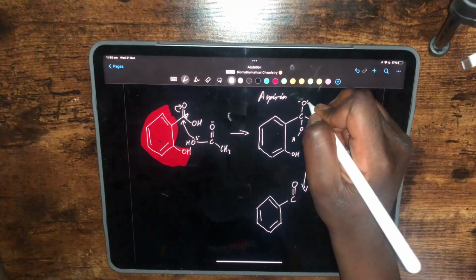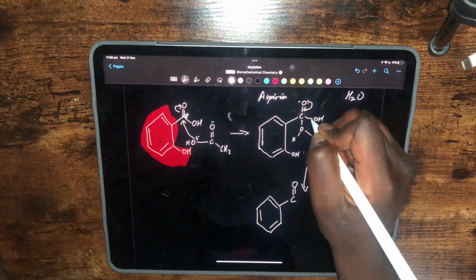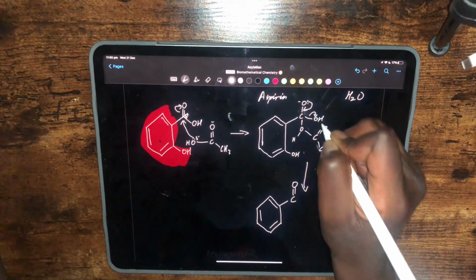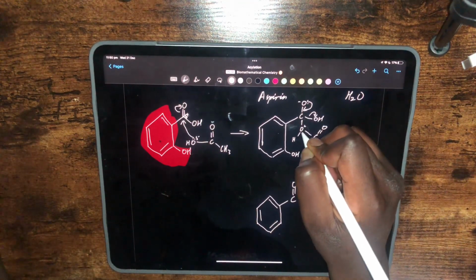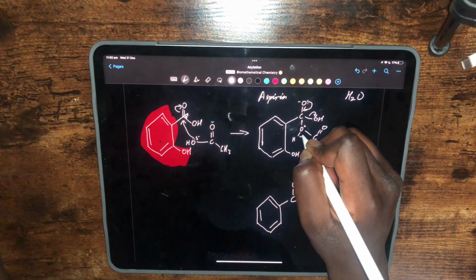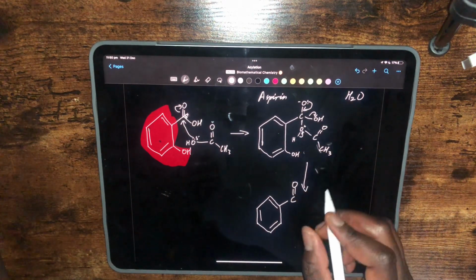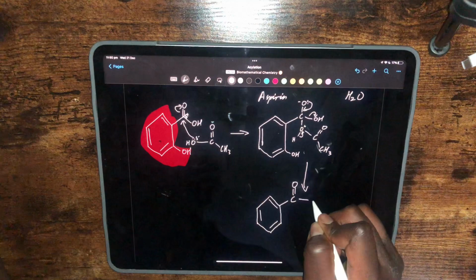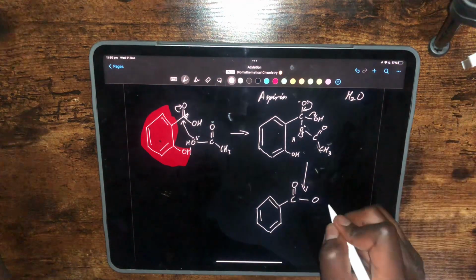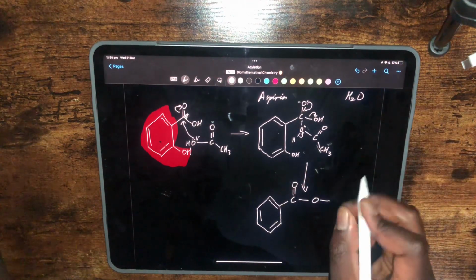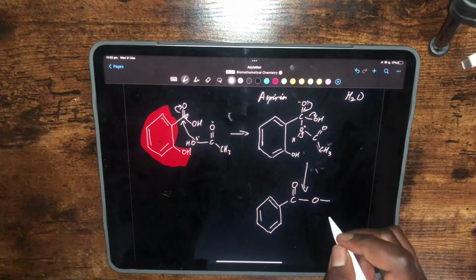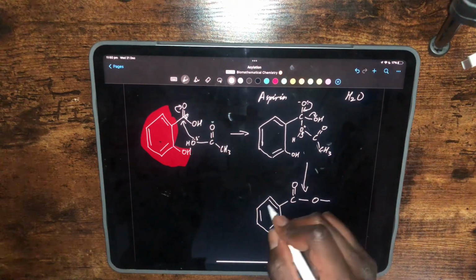So that's going to reform there. That's a better leaving group. This is positively charged here, so that can only have 2 bonds now. And now technically this looks like an anhydride, really. It's not actually, because you have this massive phenol group here.